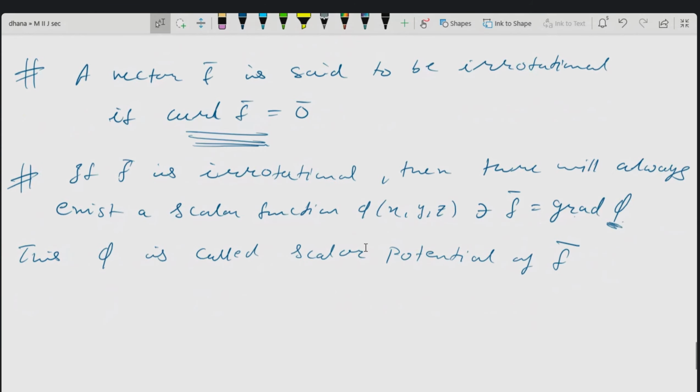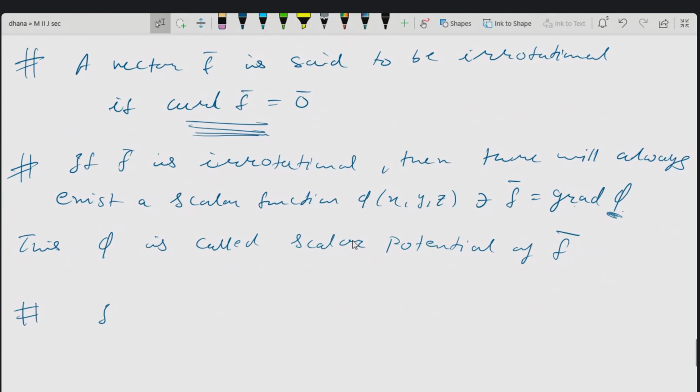Okay, so it is easy to prove in two ways. If f bar is equal to gradient of phi, then what should be the curl of f bar? Tell me. It should be 0 bar. Understood? So it is a two-way statement.